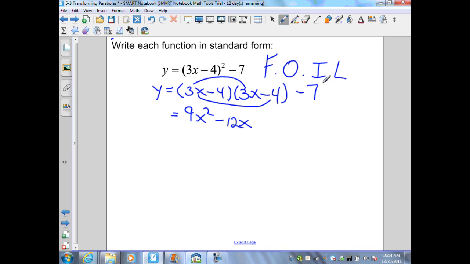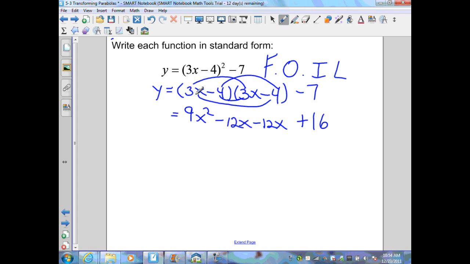Now I'm going to finish my FOIL. I means the inner two terms, which is a negative 12x. And then L means the last two terms. A negative times a negative is a positive 16. And then what we did is basically just distribute the second term through.